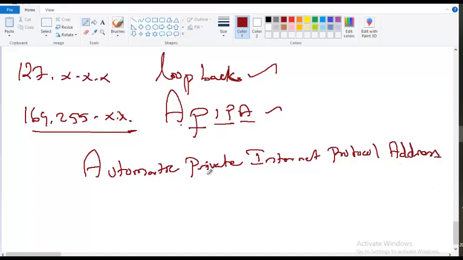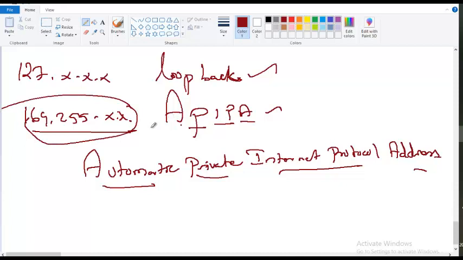See, this is a private address which is automatically generated for the Internet Protocol to use as an address. Meaning this is not a public IP address. Meaning this is not an address that you will be using to communicate outside your network.